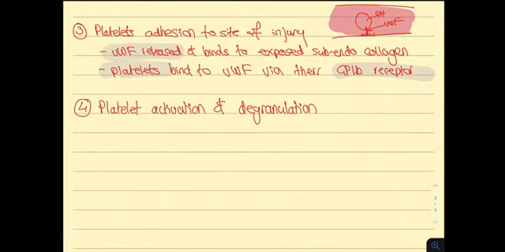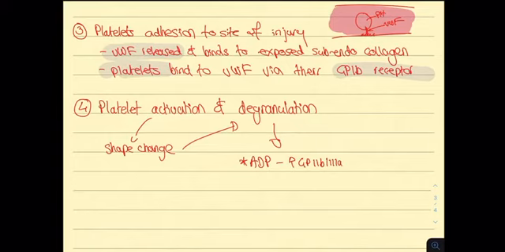Step 4 is platelet activation and degranulation. As soon as platelets bind, they undergo shape change from disc shape to sphere shape. This is platelet activation. Once they are activated, they degranulate, which is a fancy way of saying they release their contents. They release numerous things, including ADP, serotonin, fibrinogen, more von Willebrand factor, and fibronectin.